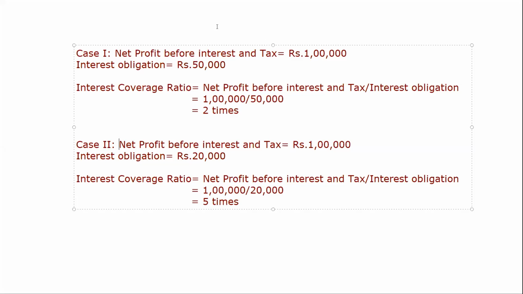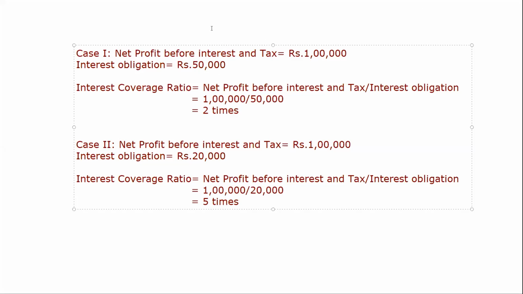In the first case, the net profit before interest and tax is 1 lakh and interest obligation is 50,000. Interest obligation 50,000 means that we have borrowed funds in our capital structure, and on that we have to pay 50,000 interest.